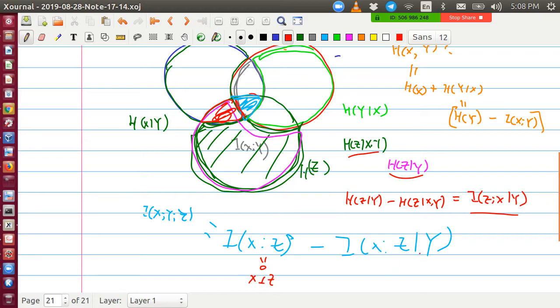And I(X;Z given Y) will be equal to 0 if X is independent of Z given Y, right? And basically we can find situations where X and Z are independent, but X and Z are not conditionally independent given Y. So therefore in general this can be positive or negative, bigger or less than zero.